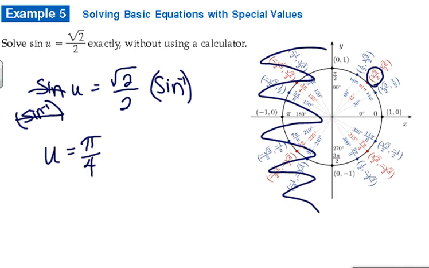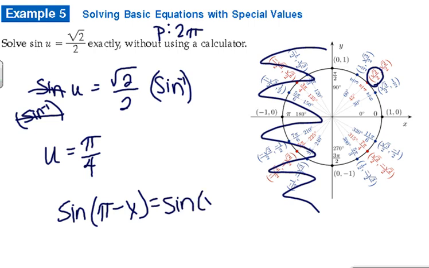So we know that's one solution, but since sine has a period of 2 pi, remember we've got to take our period into effect. We've got to find the other solution. Because this is the positive side, we need to go back and find the negative side. Remember from last week's lesson that sine of pi minus x equals sine of x.